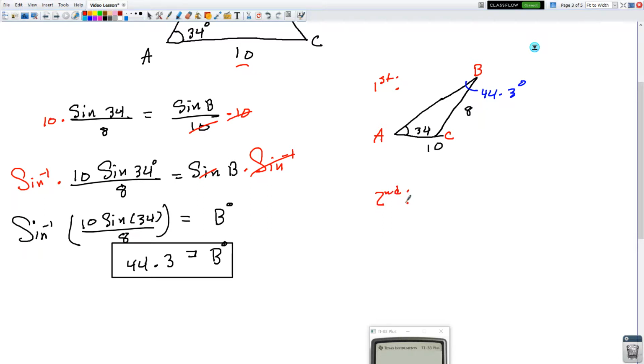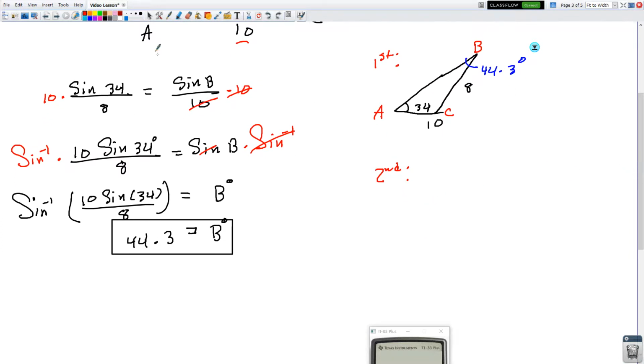Well, to find the angle of B under our second triangle, let's write this down. To find B for the second triangle, we do 180 minus B from the previous triangle.